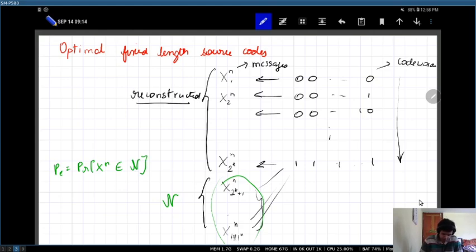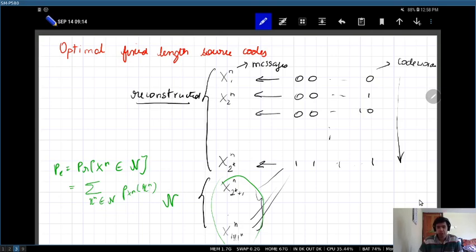Or in other words, this is equal to the sum over all x^n in N of p(x^n).